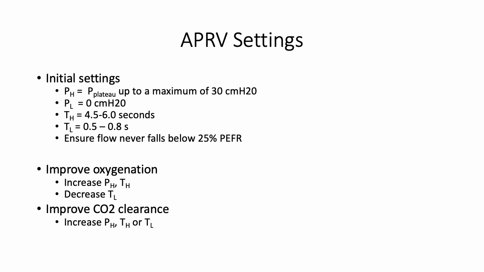So therefore decrease the amount of time that your patient is exhaling for, and the lungs are potentially collapsing during that. If we need to improve the CO2 clearance, we can increase the P high, because that's going to increase lung expansion. And then you can, it says increase here, but you can decrease your T high, because that will allow more airway releases.